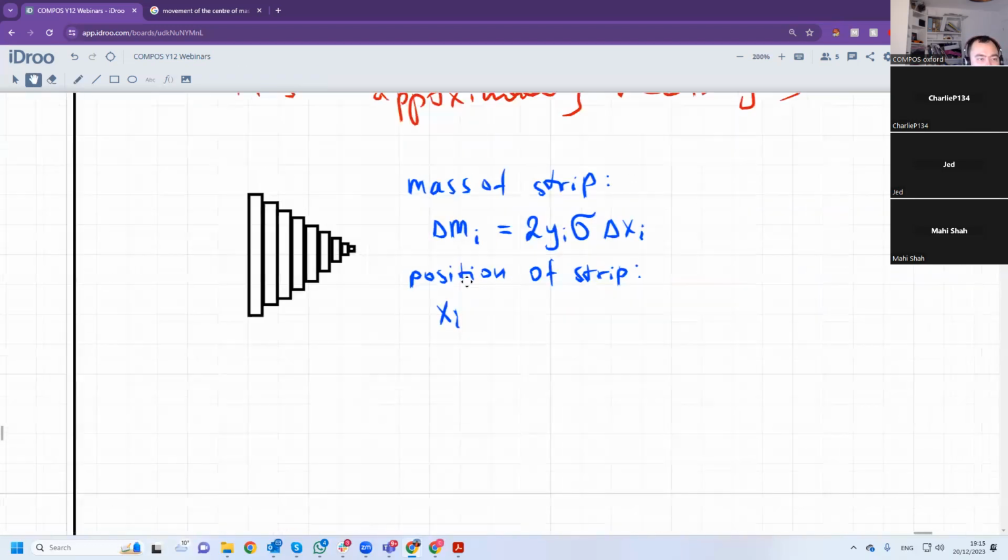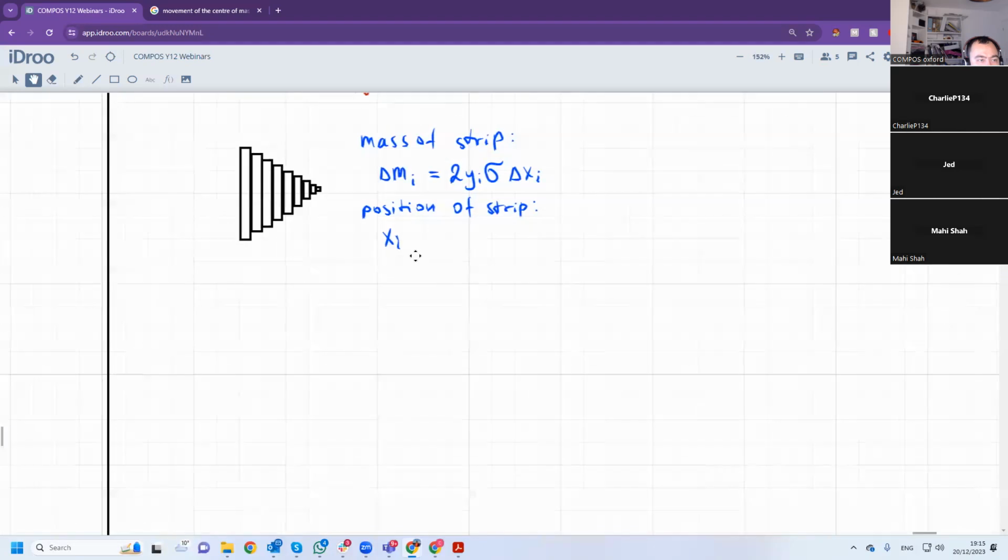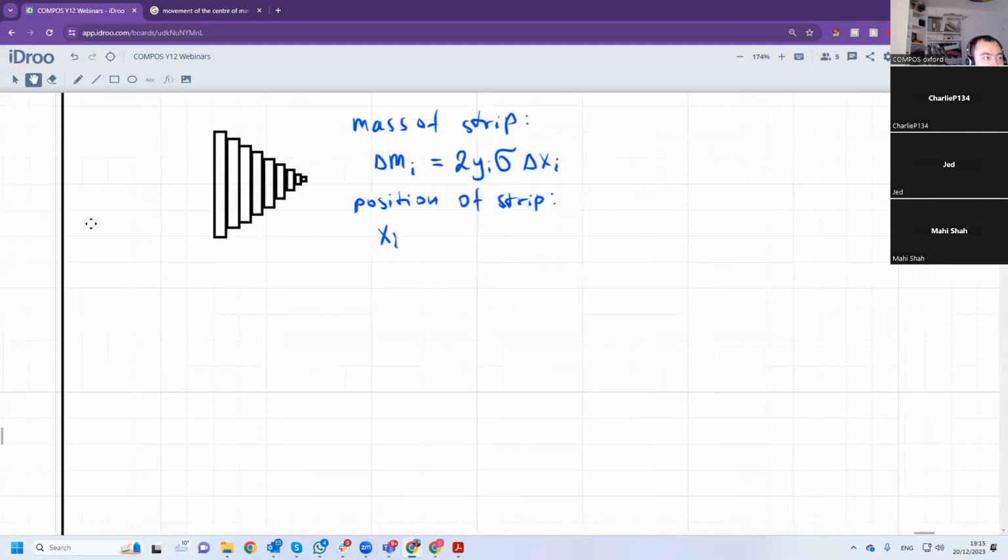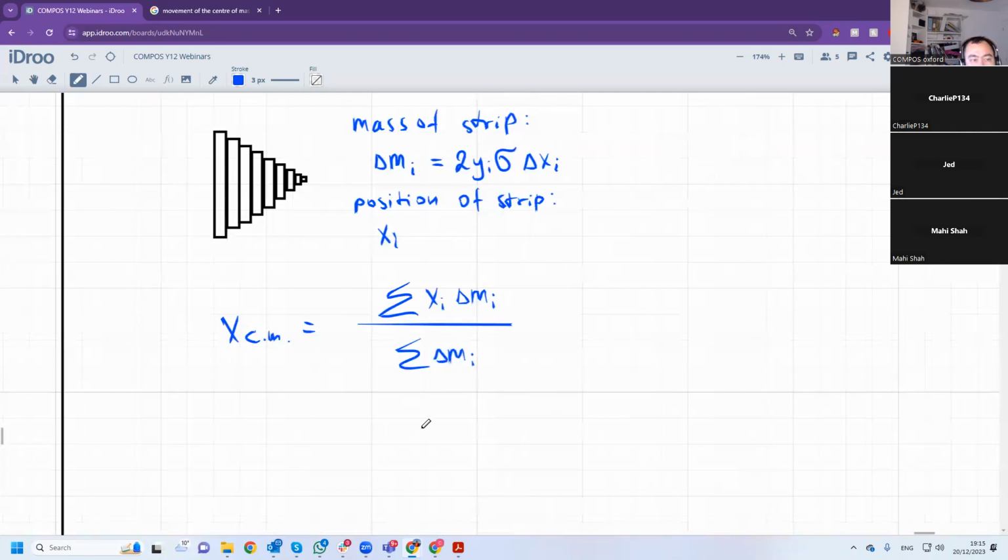So what we need is, the center of mass is equal to the sum of xi multiplied by delta mi over the sum of delta mi.